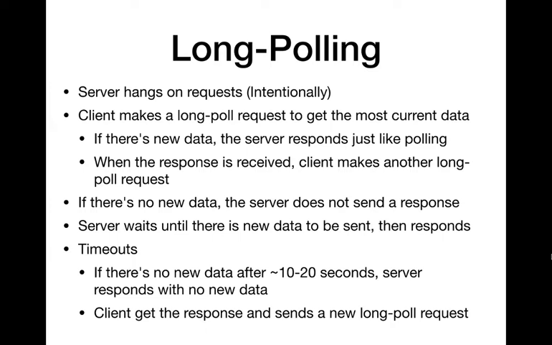This is where the server gets an AJAX request for new content. If there's new content to be served, it responds to that request with the new content. Simple enough, straightforward. If there's no new content, so in our chat app, somebody sends this AJAX request for the chat history and there are no new messages to be read, the server hangs.